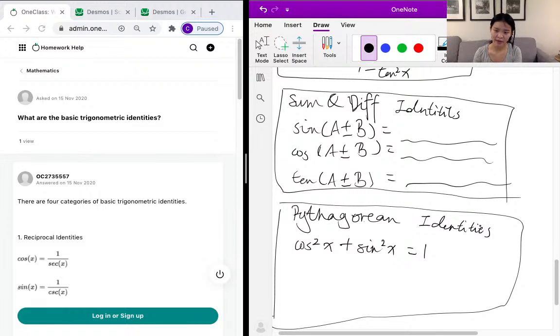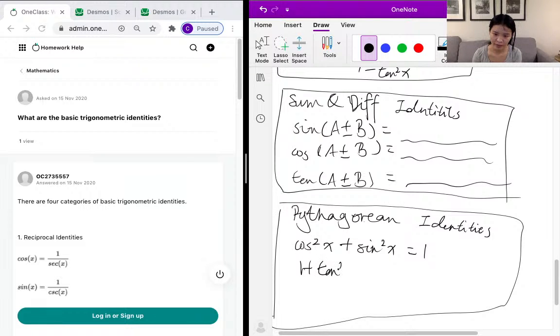They're called Pythagorean identities because the Pythagorean Theorem is a squared plus b squared equals c squared, and the Pythagorean identities can be derived using the Pythagorean Theorem, and they also have squares in them. So it's suitable to name them Pythagorean identities.